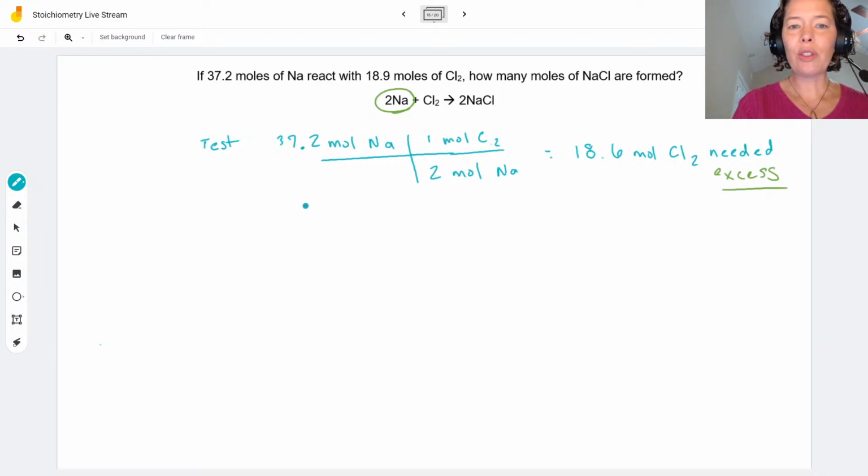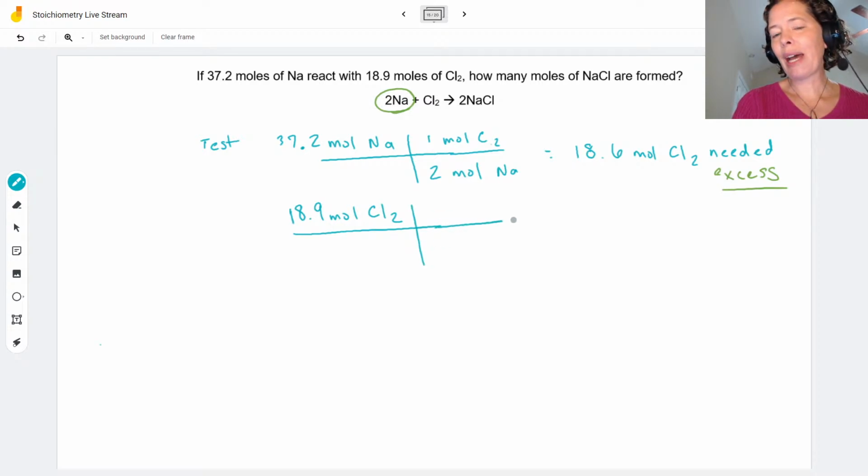Okay, so now I'm going to start with my 18.9 moles of chlorine. And again, the question I'm asking is, if I'm going to use all of my moles of chlorine, how many moles of sodium do I need for that?